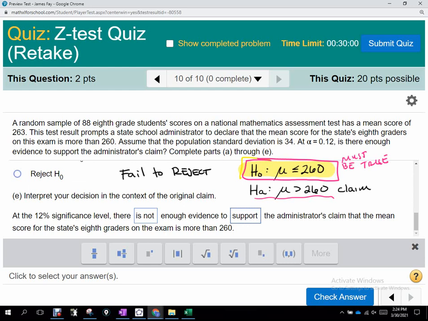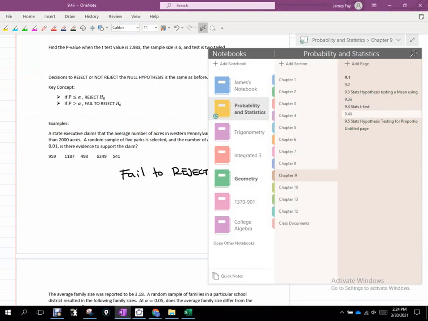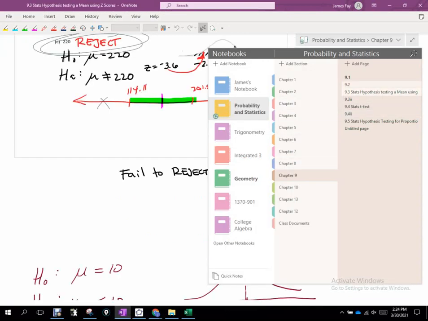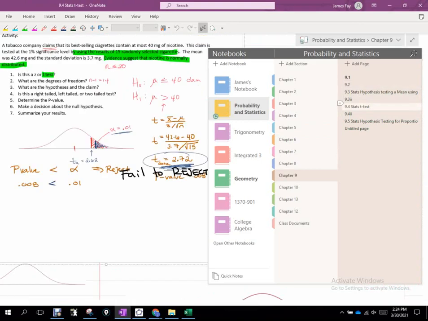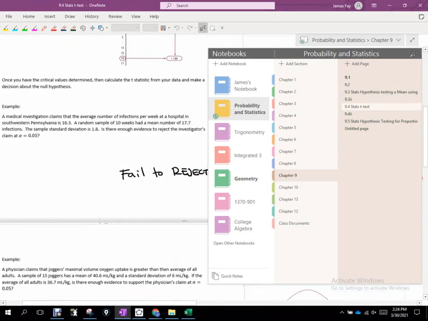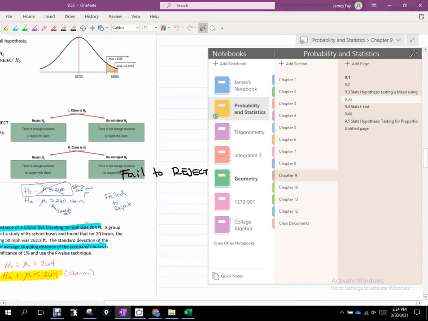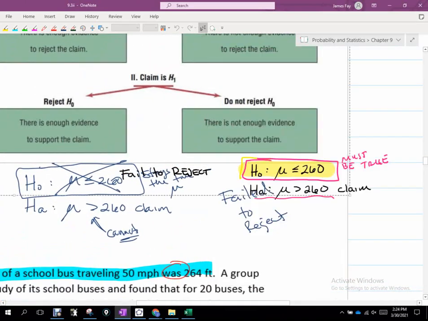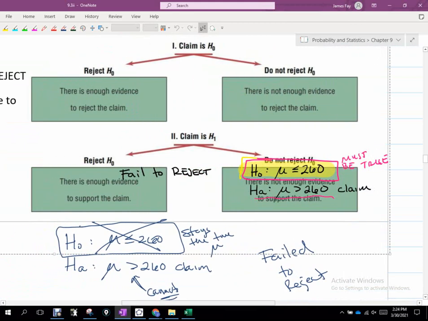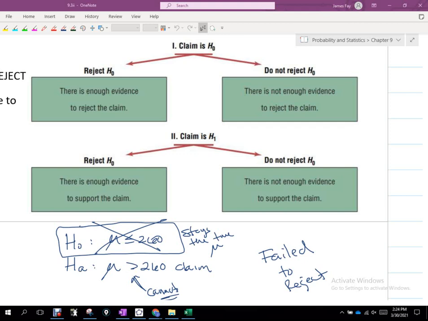One of the things that's happening, and this might help you in answering those, we go back to 9.3. I think it was 9.2, nope, 9.4, where I have it. It was 9.3. There it is. In this situation, our alternative hypothesis was the claim.